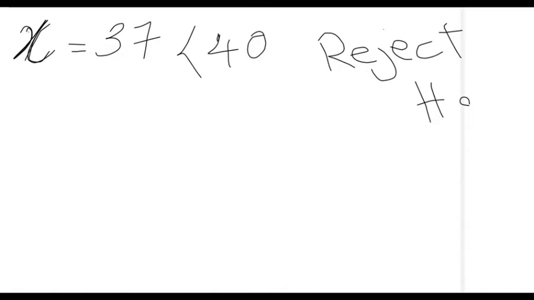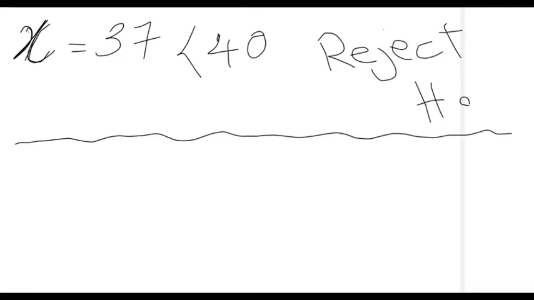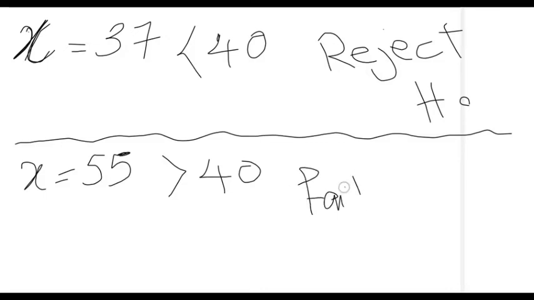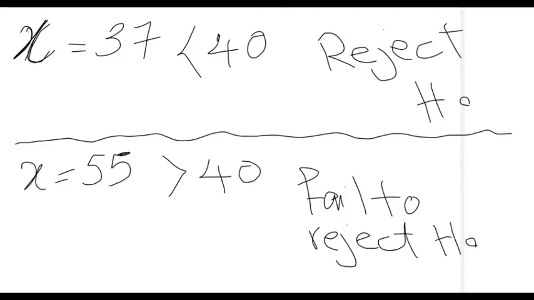But suppose that we toss a coin 100 times and the number of heads is, for example, 55. So 55 is not in the rejection region, because it is greater than 40. So the result is fail to reject H0, or there is not enough or sufficient evidence to reject H0.